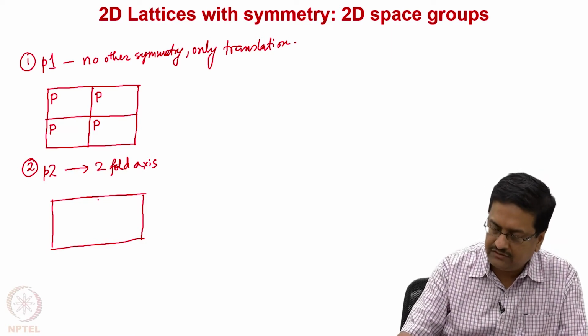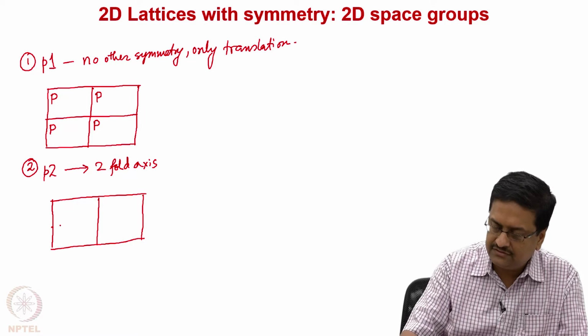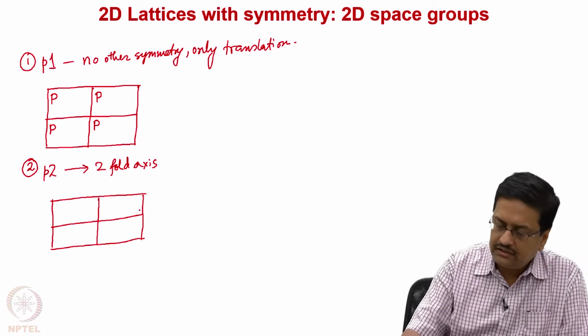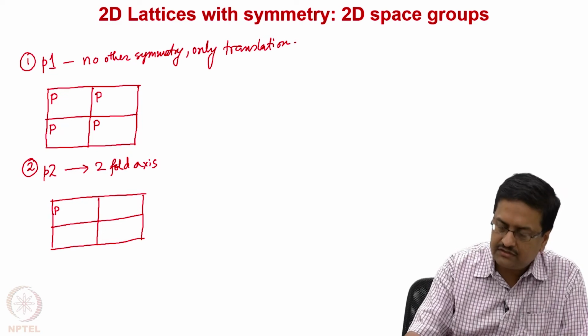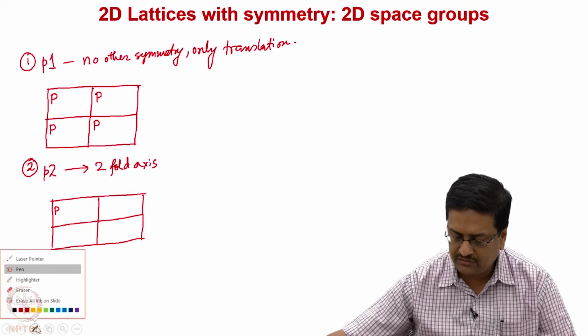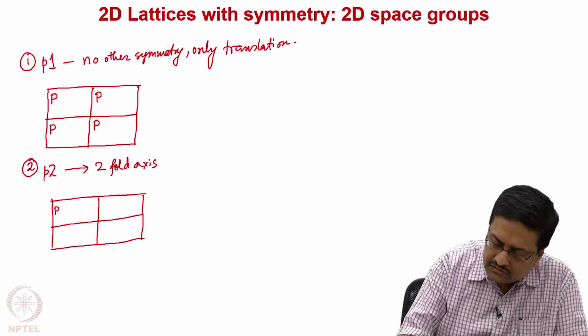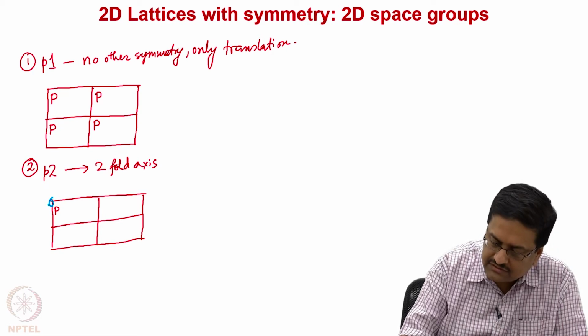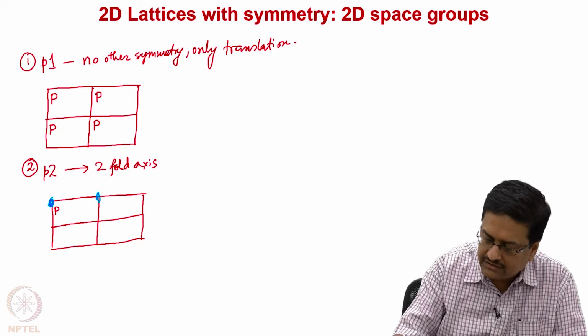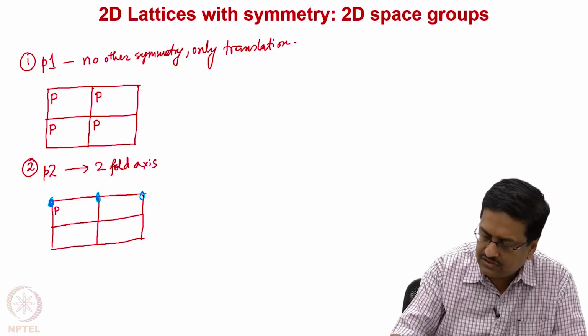So I am again drawing 4 unit cells like this, and then I have my object P here, and the symmetry element that we have here is twofold axis. So I am putting this twofold axis at every corner of the lattice of the unit cell.